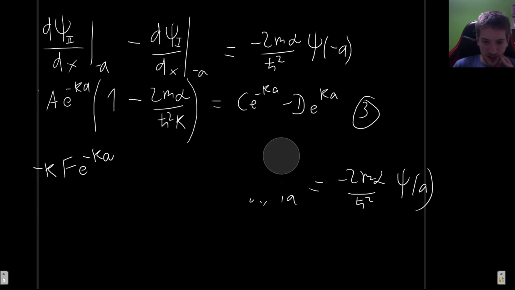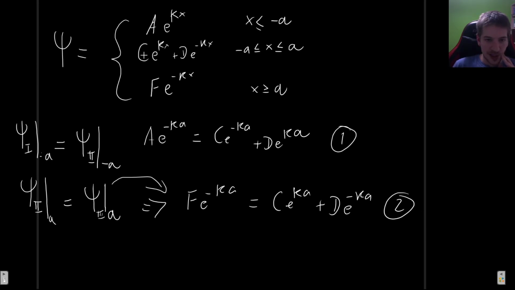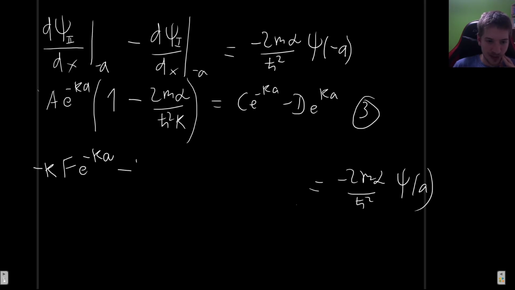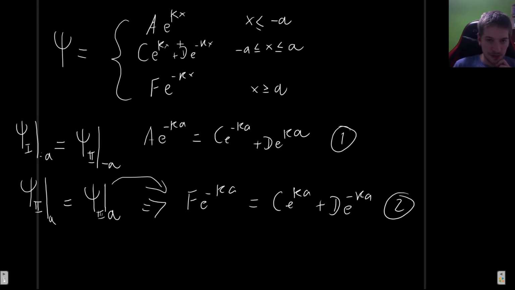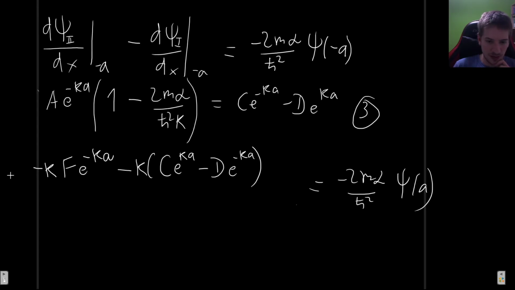Now we did this derivative just a few moments ago, so it's this right here. We're going to get a k that comes outside. It's going to be minus k, and then we have c e to the ka minus d e to the minus ka. Let me just make sure that it's right. We get this minus sign here. Did I write the k down twice here? No. Okay, that's great.